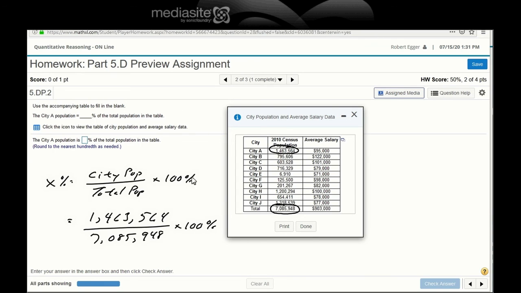So put me on pause and figure out that number. And now I'll pause again, so I guess you got the numbers. I got 20.65445, and there's more digits. So 20.65 is what I got.